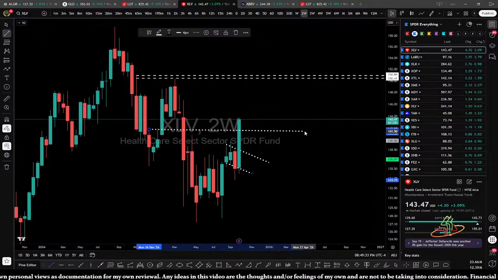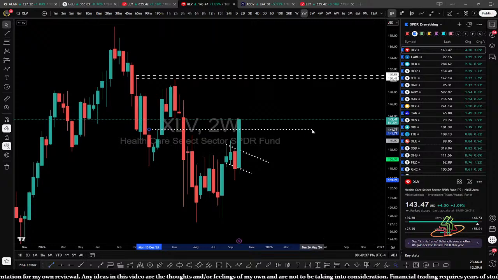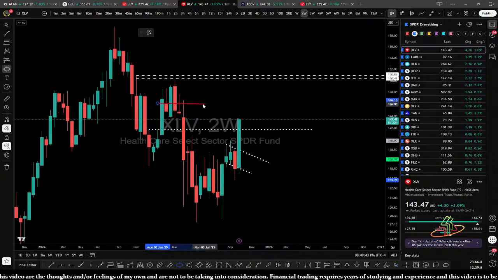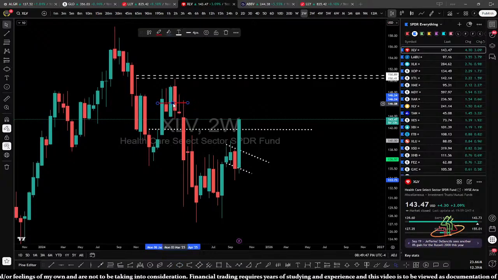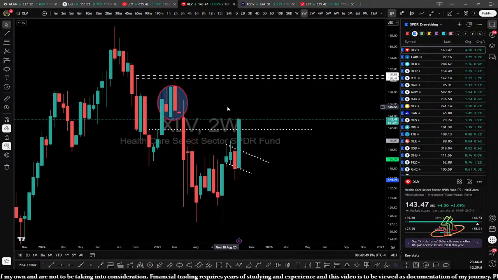We got a market structure break right here. You got a breakdown right here, off of this area, right? We just came back to this breakdown. Price is moving up. If there's any type of pullback in this situation, you got 141.